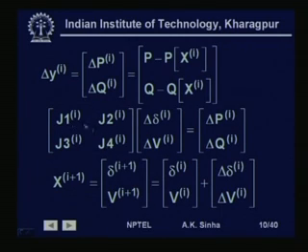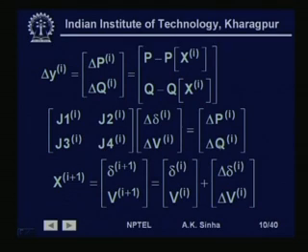J1 is the part which relates delta P with delta delta, J2 is the part which relates delta P with delta V, J3 relates delta Q with delta delta, and J4 relates delta Q with delta V. So, we have this Jacobian multiplied by delta delta and delta V is equal to delta P i, delta Q i. So, this is the equation.